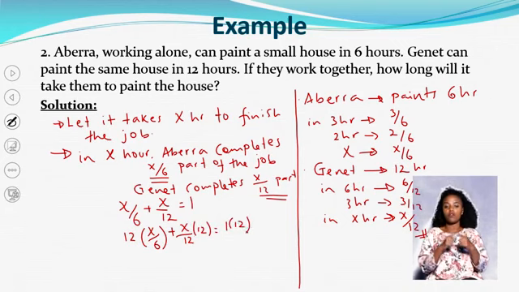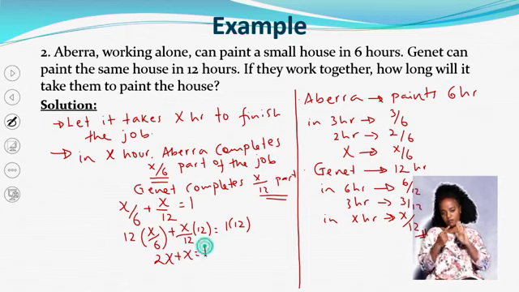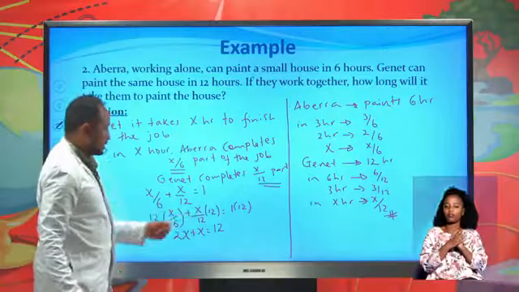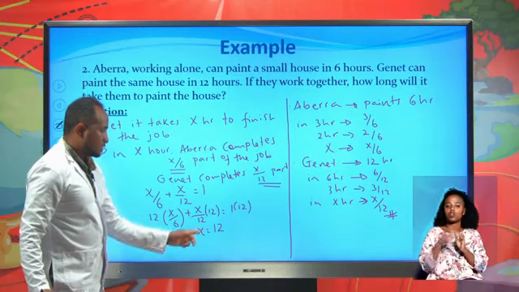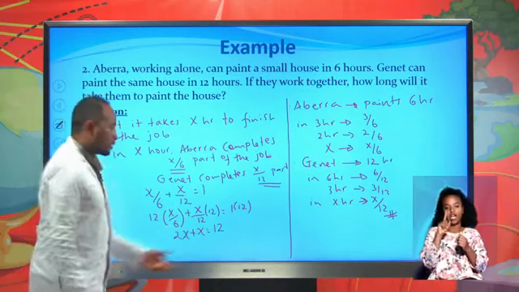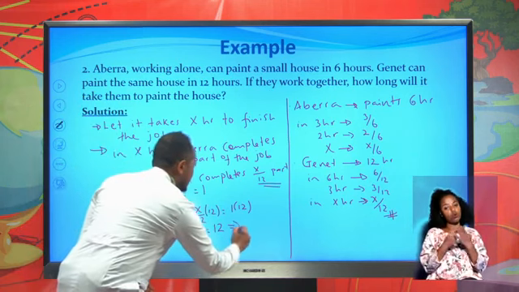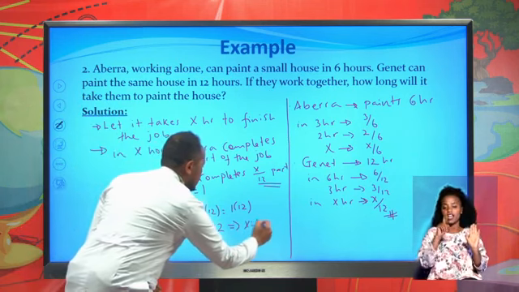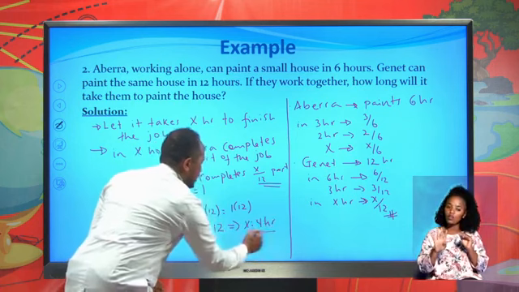Therefore, 12 divided by 6 gives 2x, plus x gives you 12. 3x equals 12 means x equals 4. Therefore, x is equal to 4 hours.